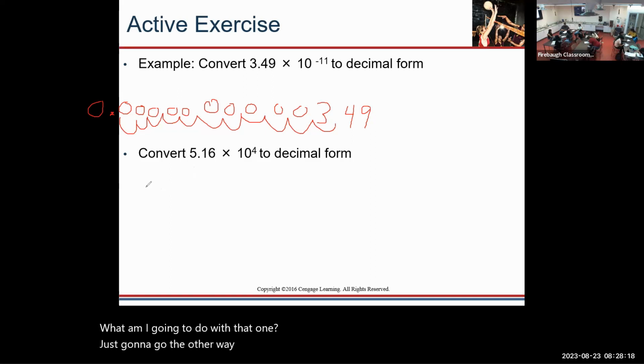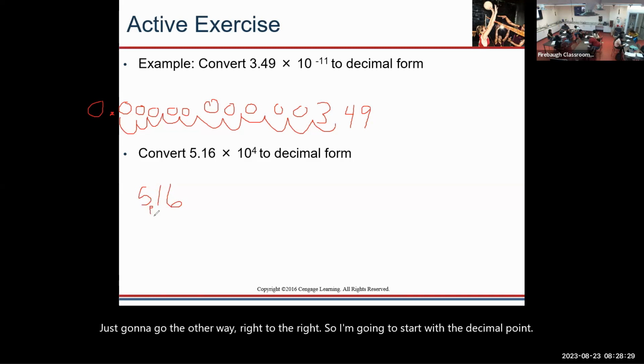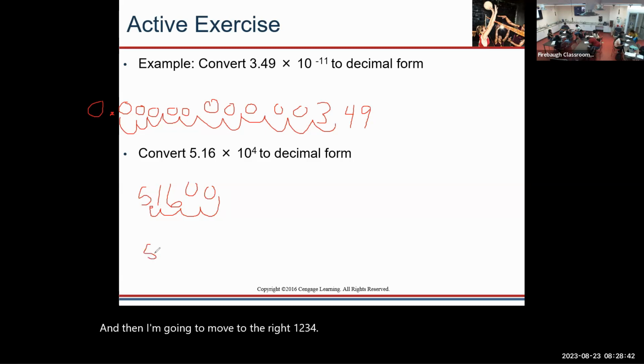To the right. So, I'm gonna start with the decimal point. And then I'm gonna move to the right. 1, 2, 3, 4. So that's 51.